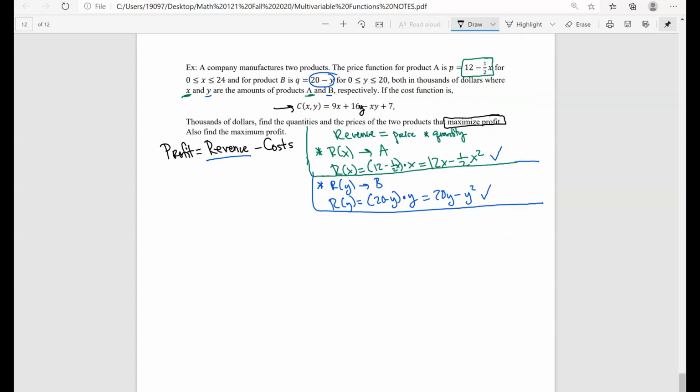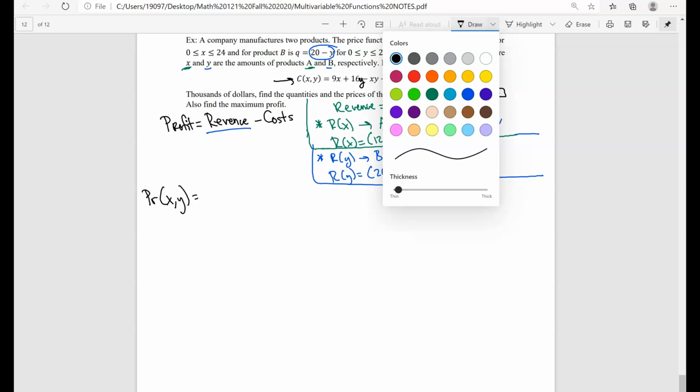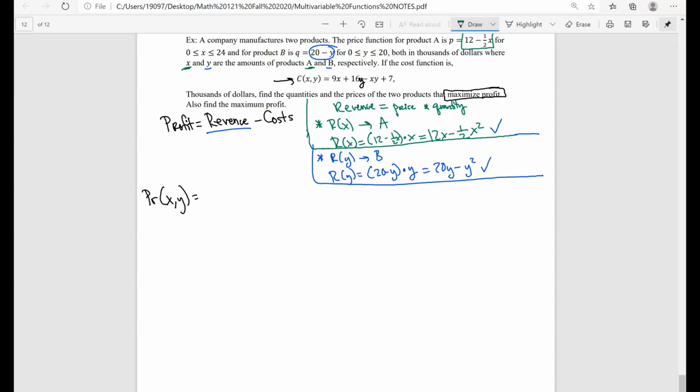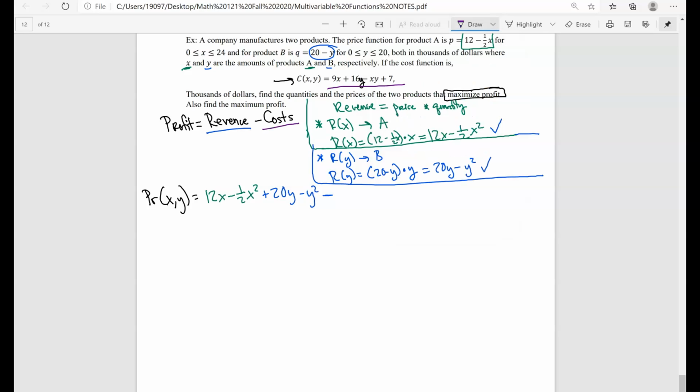Let's go ahead and write profit. Remember, profit is going to be a function of two variables, x and y. My revenue is going to be my green part, 12x minus 1/2 x squared, added to my blue part, 20y minus y squared. And now finally, I'm going to subtract off my costs, which is this cost function, 9x plus 16y minus xy plus 7.